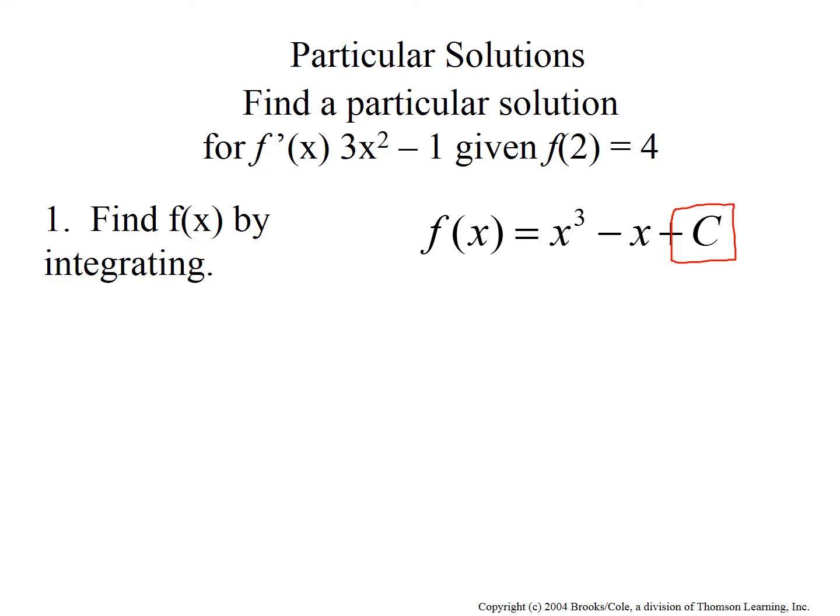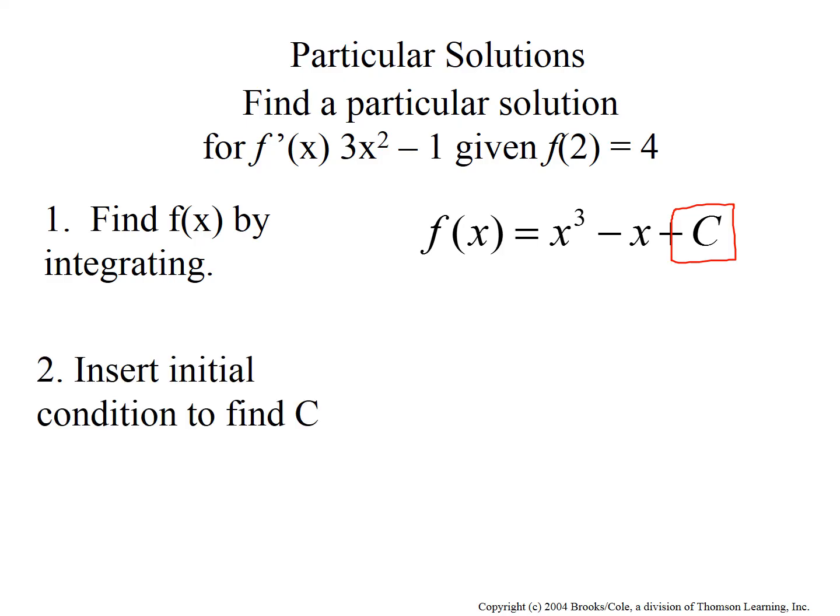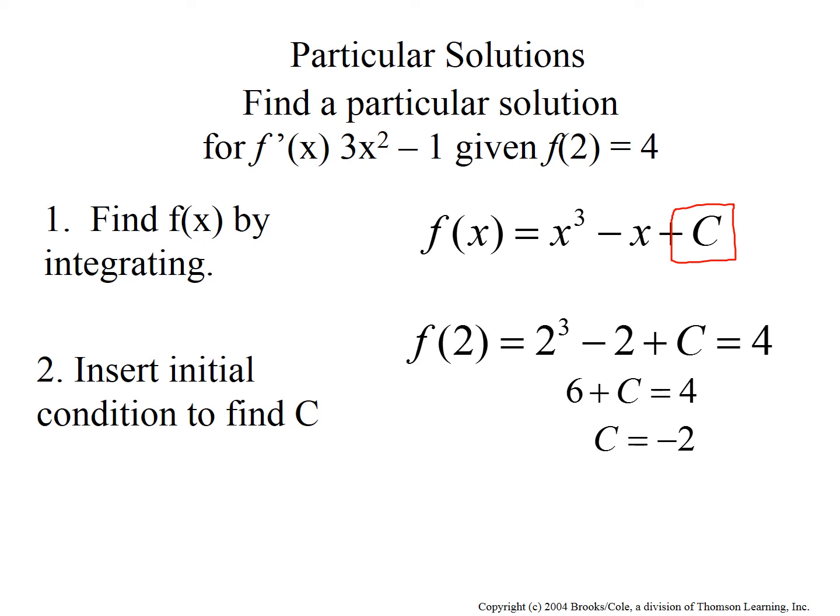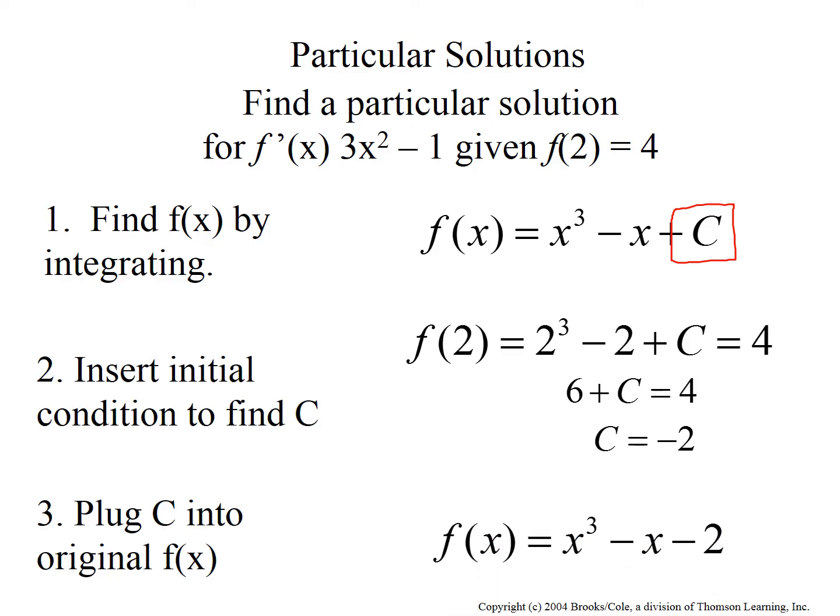So we're going to substitute in 2 for x and 4 for y. Now we just use our Algebra 1 solving skills, and we get c is equal to -2. So my particular solution is, and all I've done is I've plugged in -2 into that solution.